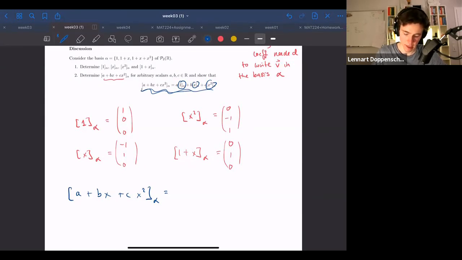So this means that we have a times (1, 0, 0) plus b times (-1, 1, 0) plus c times (0, -1, 1).